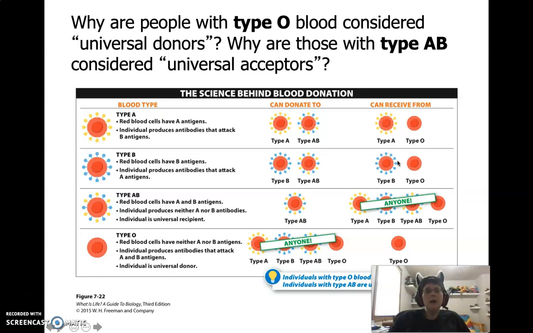Or I can get type O, because there's nothing for my body to attack on type O. There are no A flags to go after, so type O is safe for someone like myself with type B blood. Type A blood, same sort of thing. They can get type A, they can get type O.